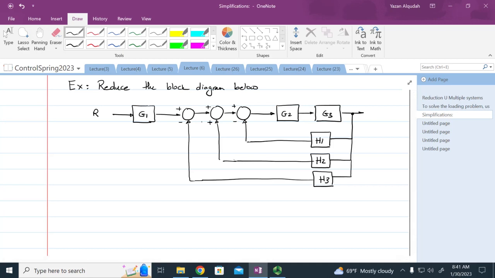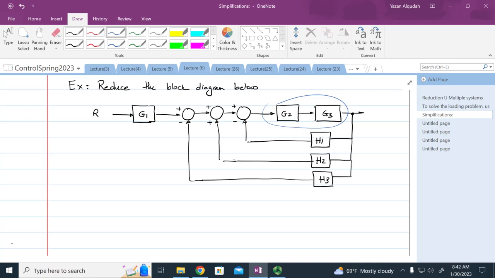We can take G2 and G3 in cascade, and then we can replace them with one block. So we can combine these two. What else can we do? Add H1, H2, and H3.